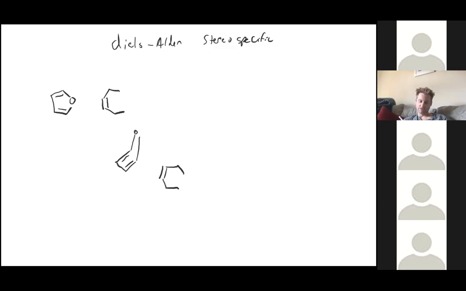So it's going to kind of shuffle this top oxygen here kind of up and away, and it's going to keep these two ethyl groups kind of pointing down and out of the way. So when this comes together, does its normal Diels-Alder, we're going to make a 6-membered ring with a double bond.